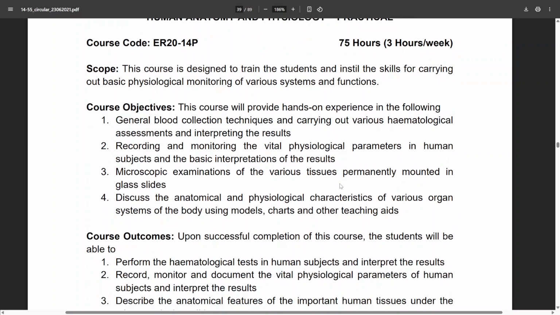Course objective. This course will provide hands-on experience in the following: 1. General blood collection techniques and carrying out various hematological assessments and interpreting the result. 2. Recording and monitoring the vital physiological parameters in human subjects and basic interpretations of results. 3.